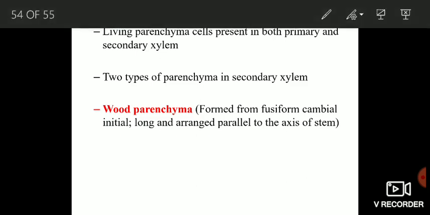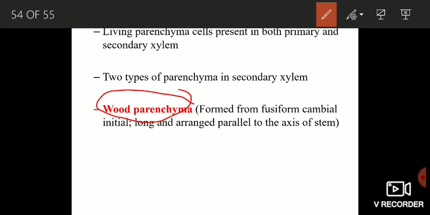These parenchyma cells, they possess the protoplasm, they possess the nucleus. That is why we say they are living. Okay, there are two types of parenchyma cells in secondary xylem. The first one is wood parenchyma or axial parenchyma, and second one is ray parenchyma.